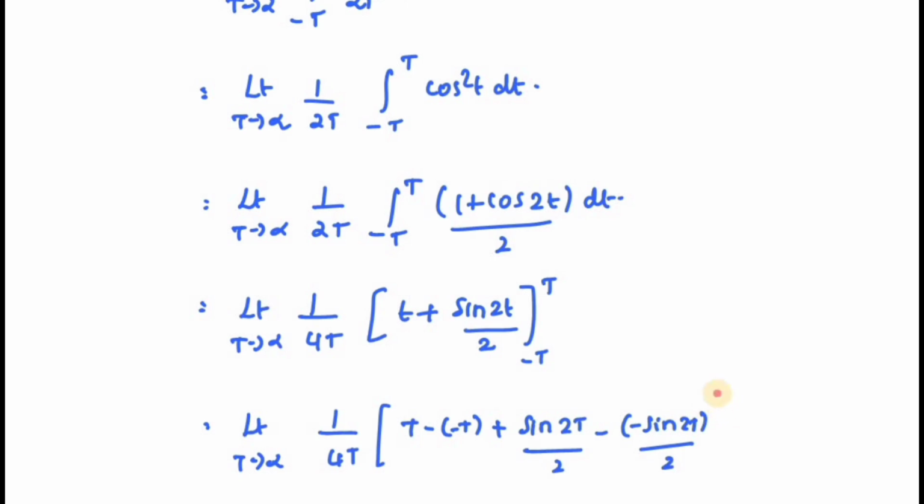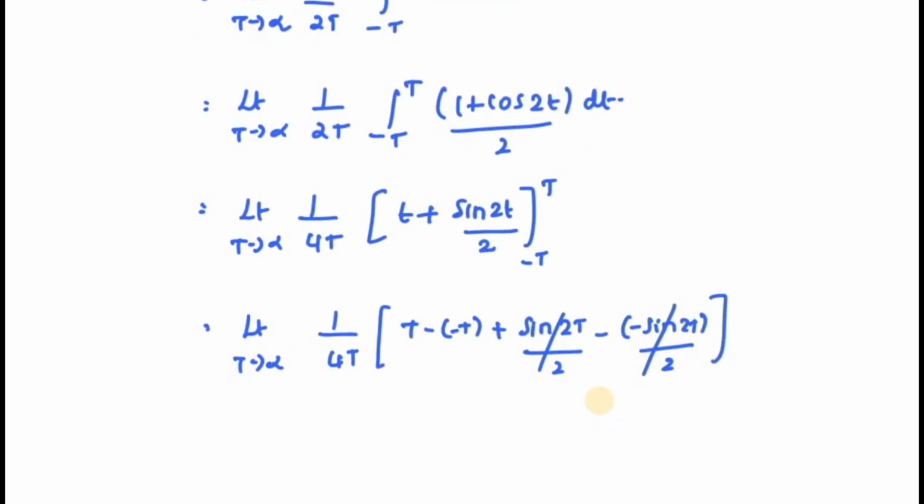Okay, so these two get cancelled out. So you'll get 1 by 2 as your answer. This is your power. So whenever you get a cos or sine, you get the amplitude square divided by 2 as your answer. So that is nothing but your power signal.